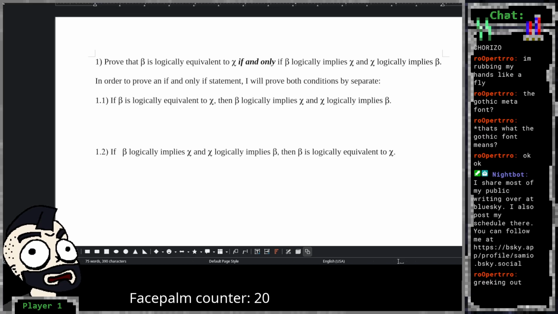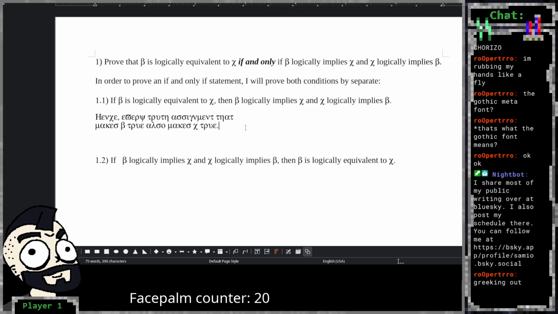If two formulas are logically equivalent, then every truth assignment that makes the first one true also makes the second one true. Hell, I'll just copy and paste that part. Of course, without Greeking out.